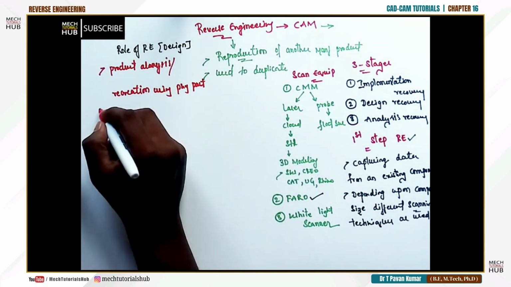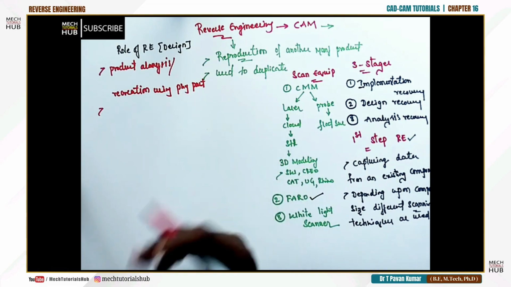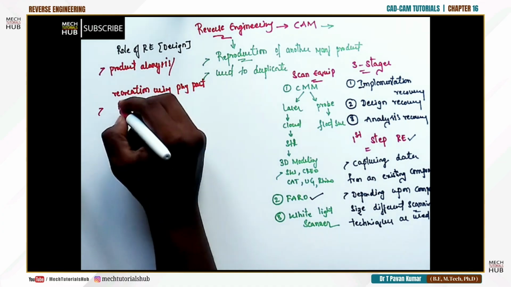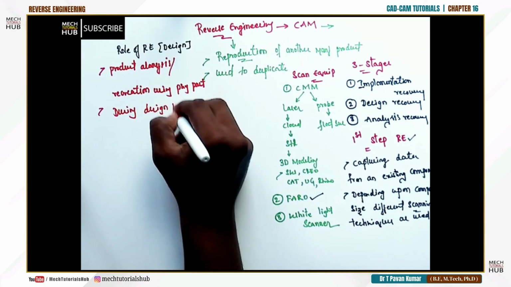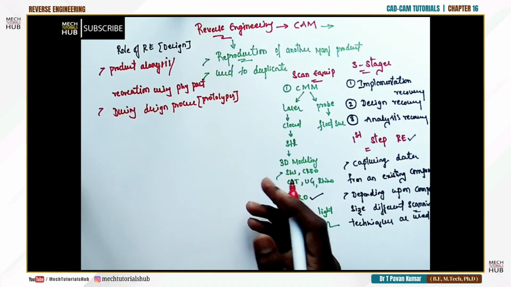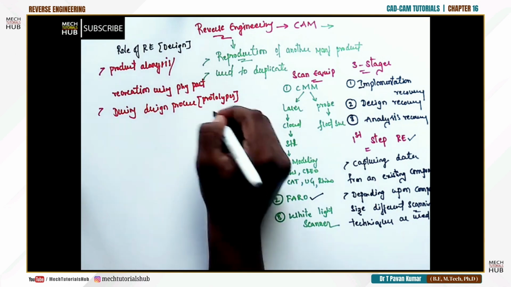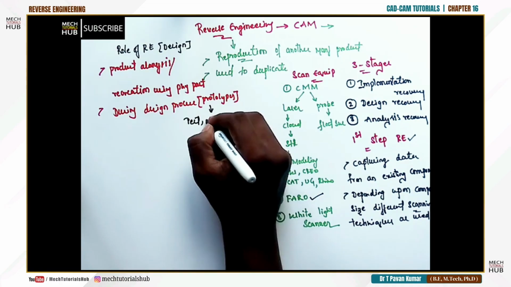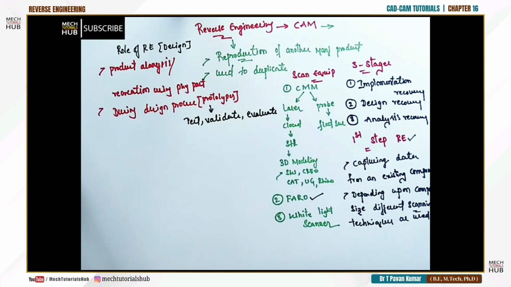Now what else we can do in this design part is, during the design process, a prototype can be prepared just to have a visual effect of how the part is going to be after fabrication. During the design process, some prototypes or clay models can be prepared in order to test and evaluate the model, to validate whether it will withstand the conditions or behave like the existing component.